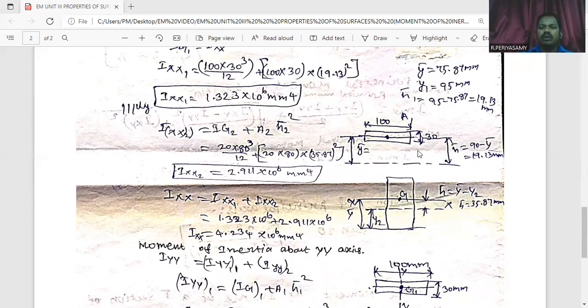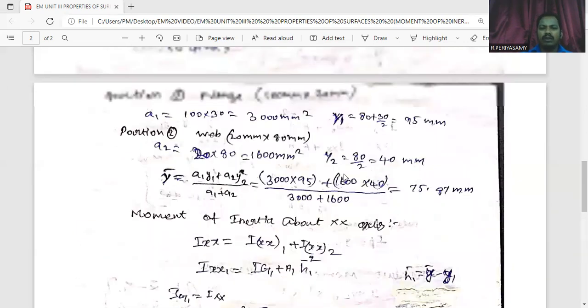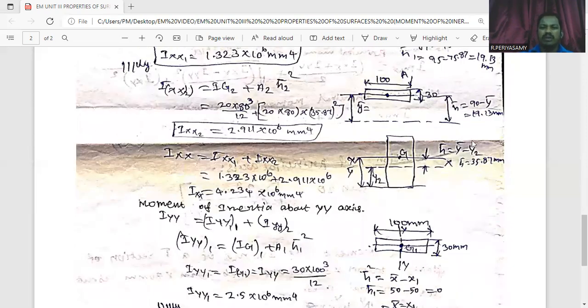Here for h2 we follow the same procedure. The h2 formula is y bar minus y2. We know the y bar value, 75.87, minus the y2 value, which we find to be 40. So we substitute in the formula.